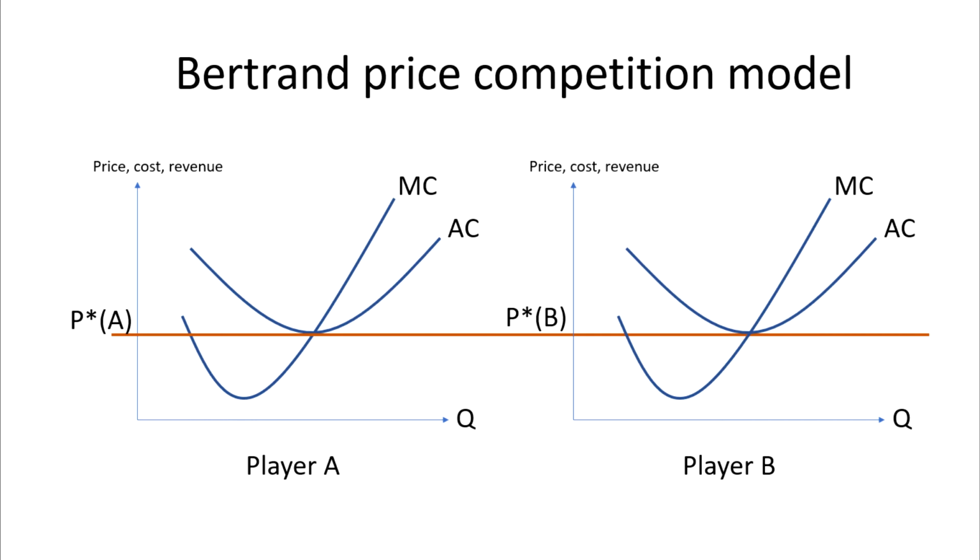You understand that? Now, if the price of A is at the bottom of AC and the price of B is also at the bottom of AC, there is no more room to reduce the price because here it is the normal profit. If you reduce the price lower than this, you will lose.